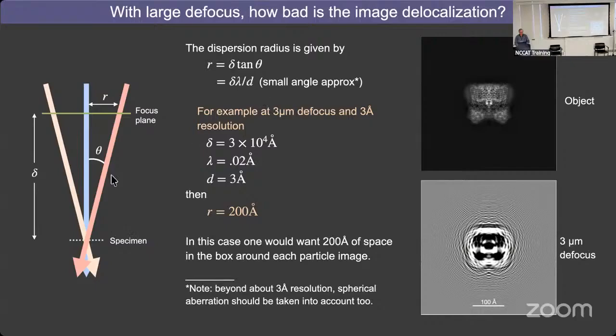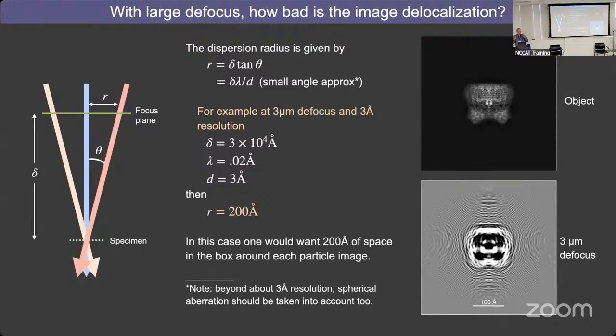So if we're looking up here, and there's the specimen, this diffracted wave and this diffracted wave are going to be displaced according to the angle and the defocus distance. If you calculate this distance, r is delta lambda over d, and if we put in some typical numbers, 1 micron, and we're interested in 3 angstrom resolution, so d is 3 angstroms, then this r is 200 angstroms.